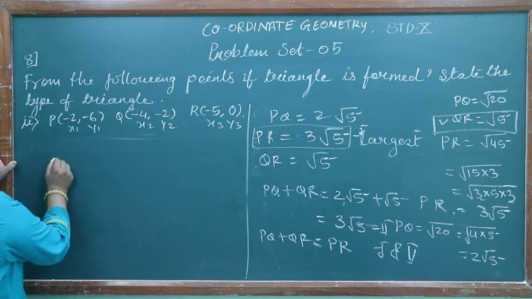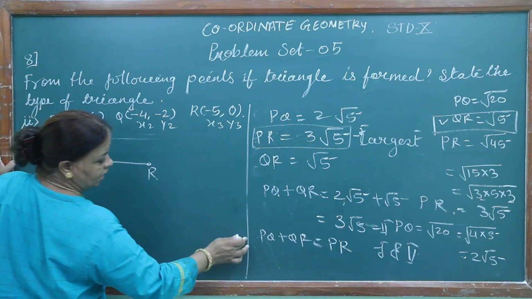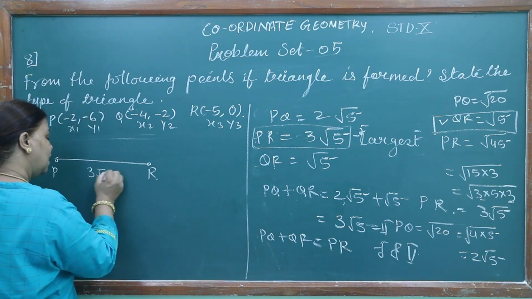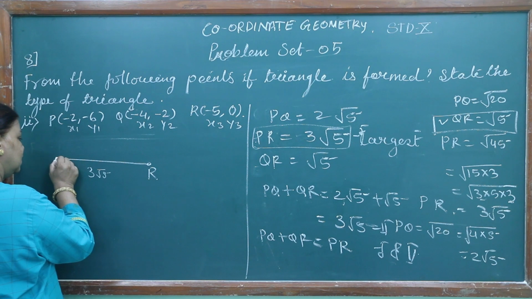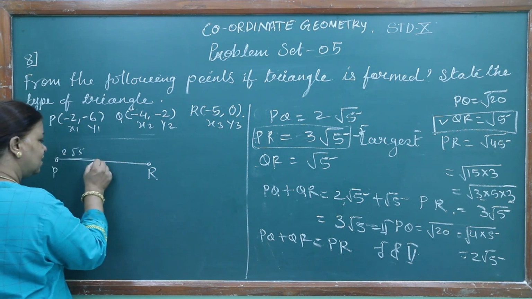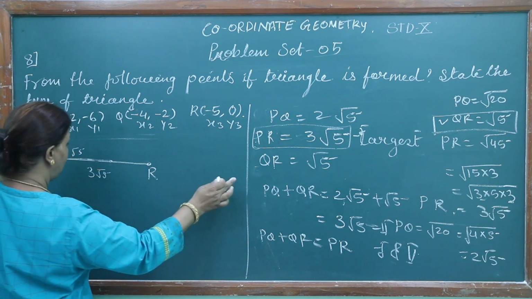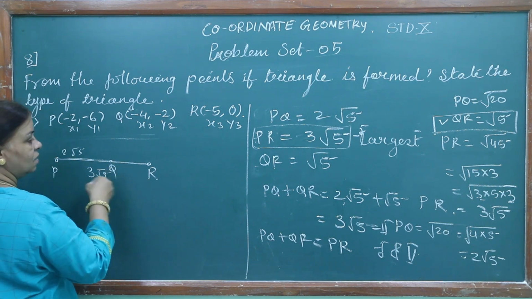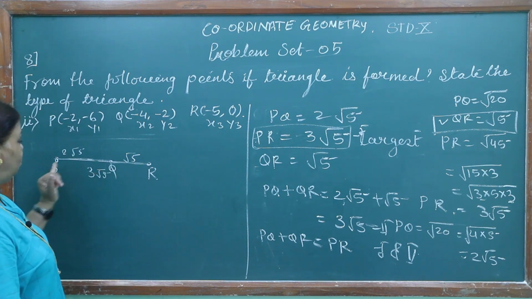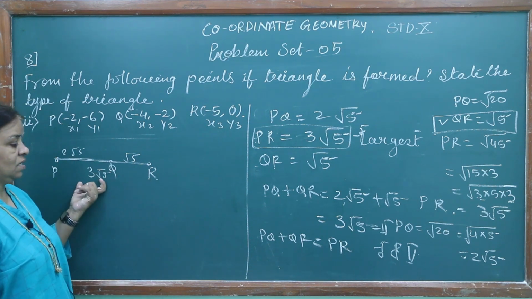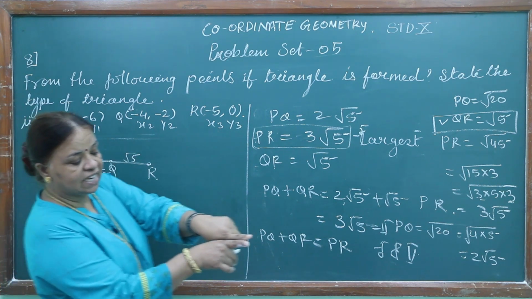So suppose this is P and this is R and PR is 3 root 5 and I keep the line 2 root 5 here, it will be somewhere here and somewhere here, and QR root 5. So they are exactly coinciding with one another because the length of PQ plus QR is 3 root 5, which is equal to PR. So they completely coincide with one another.